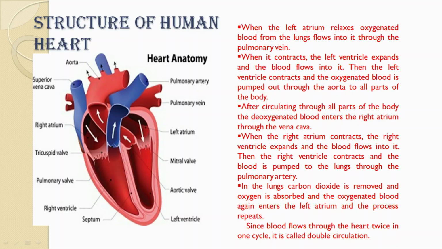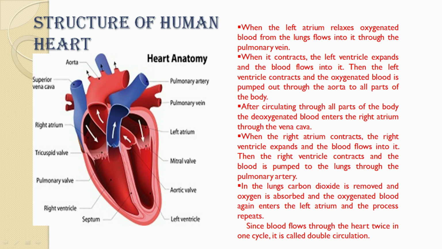Now we will see the double circulation taking place in the human heart. The oxygenated blood from the lungs enters the left atrium through the pulmonary vein. From the left atrium, it enters the left ventricle by contraction and relaxation of the muscles. From the left ventricle, it is taken via the aorta to all parts of the body.